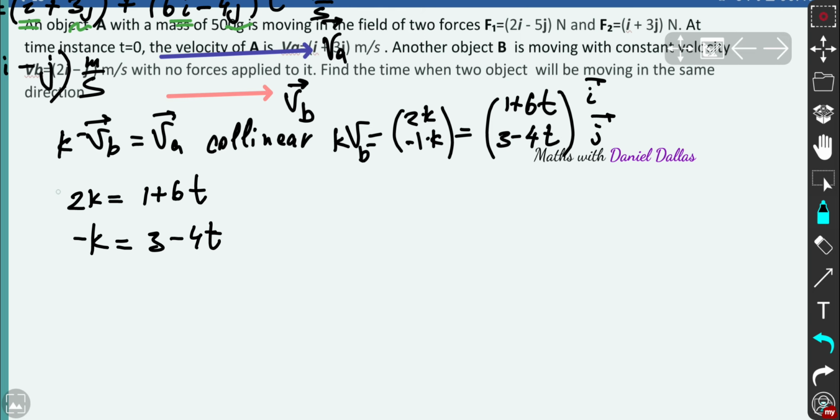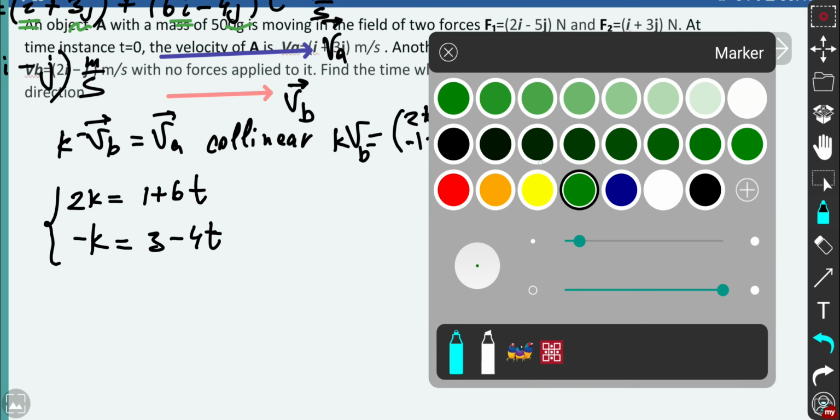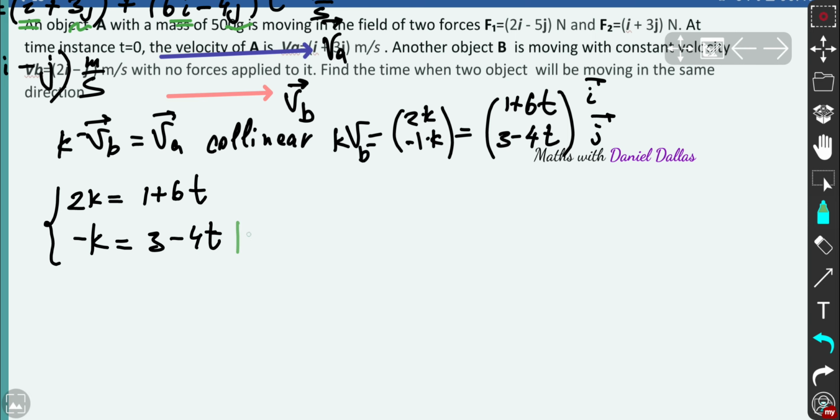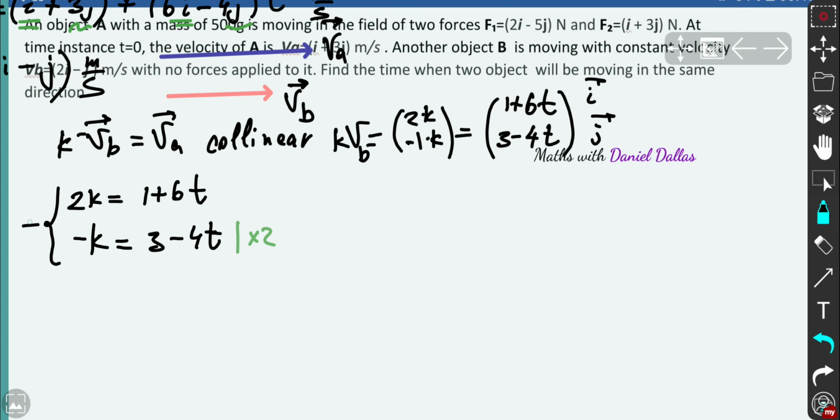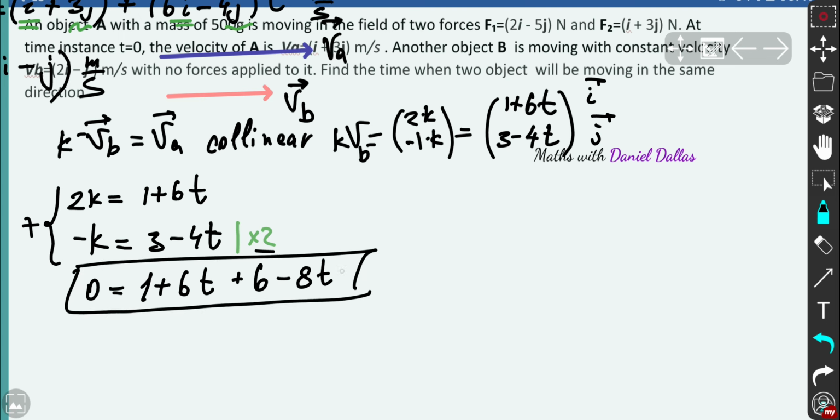We're looking for time, so we can eliminate the k value. We multiply by 2, and now we add them, because of opposite signs. So the k will be cancelled, and here we'll have 1 plus 6t plus 6 minus 8t, because we multiplied by 2. That's the final equation from which we can find the time.